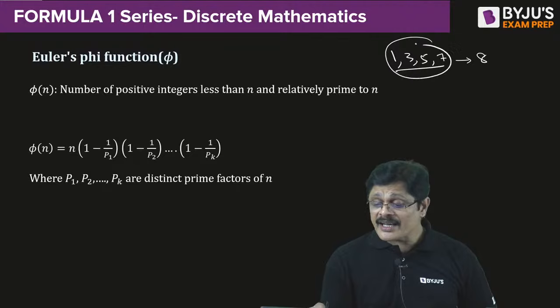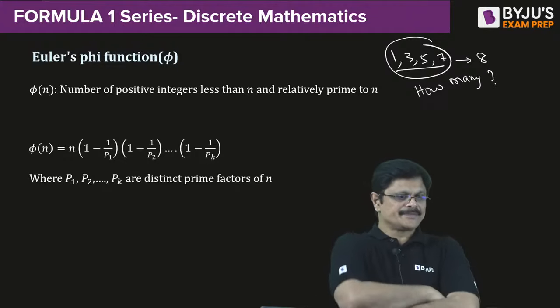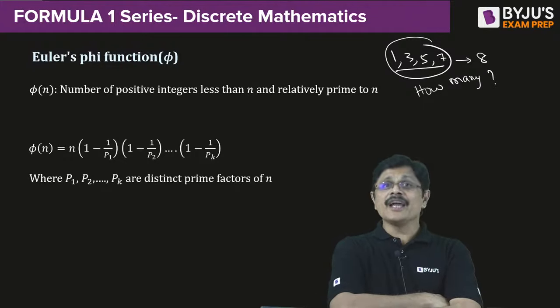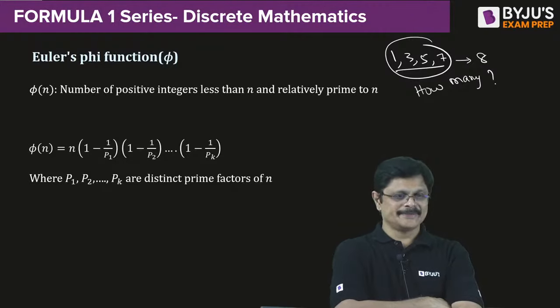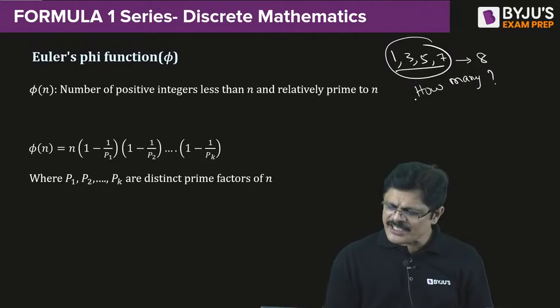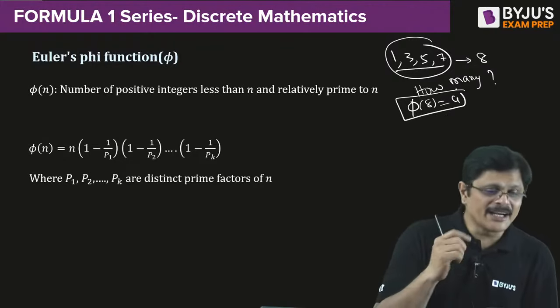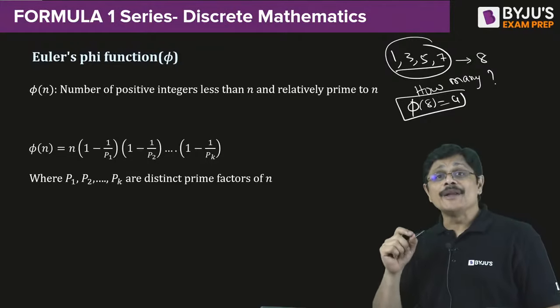How many are there? 4, na? Euler phi function tells you not what they are, but how many there are.